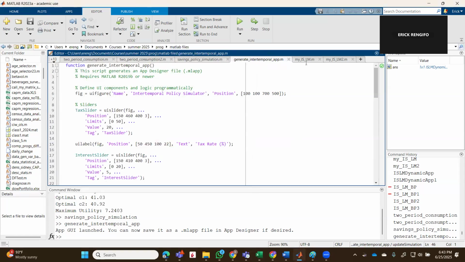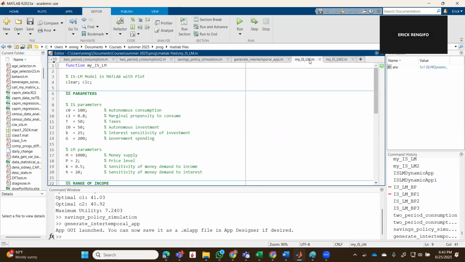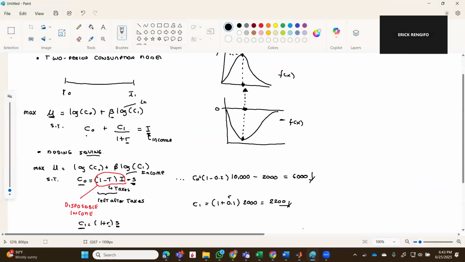Now, finally, guys, I've created another model, and I want to show you some limitations of the way we do this stuff. So the ISLM model, guys, is a very, very important model in economics. Let me save this one here.